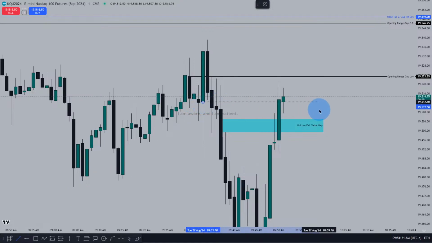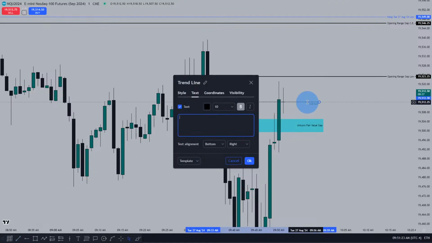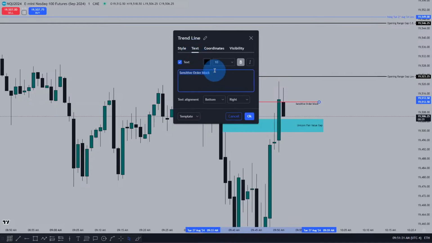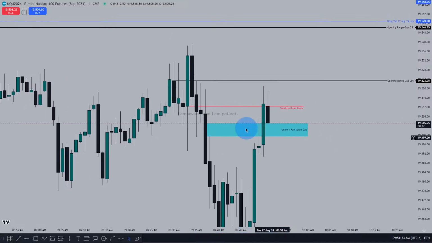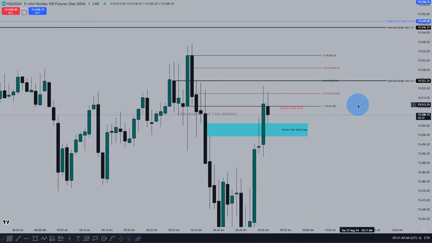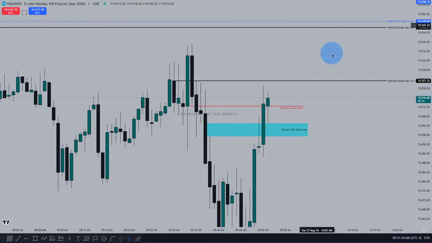So let's draw this on. I actually want to draw the consequent encroachment of the body just because the wicks are too abnormal for me. The CE lies exactly at the opening range gap, so I'm not going to be smart like that.